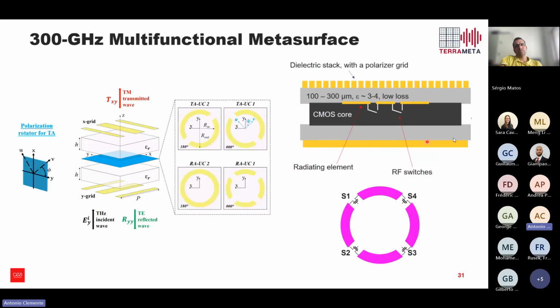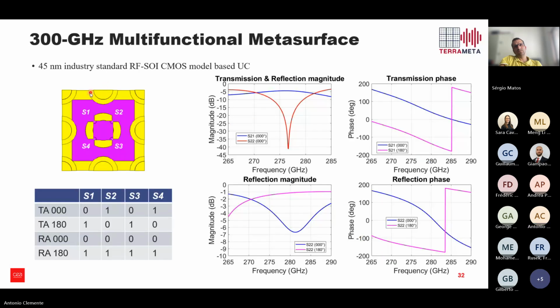Basically, we developed this kind of packaging, as I said before, with a hybrid technology between PCB and CMOS. On the CMOS, we integrate all the reconfigurability. I cannot show everything of this unit cell because we are under patent process.